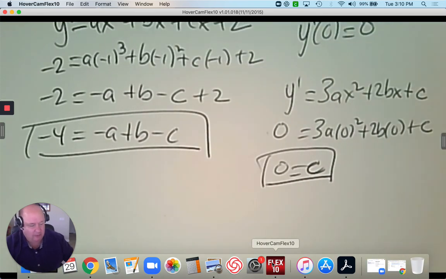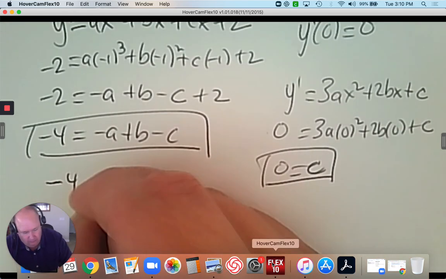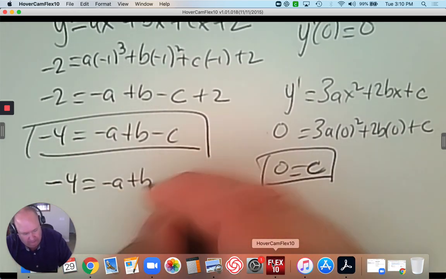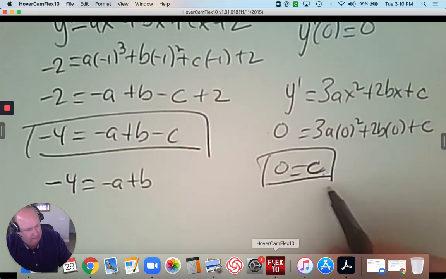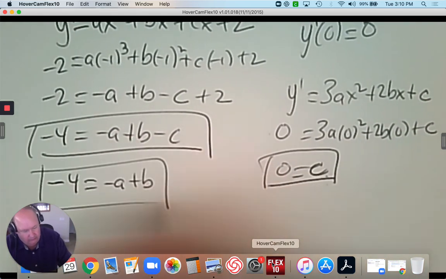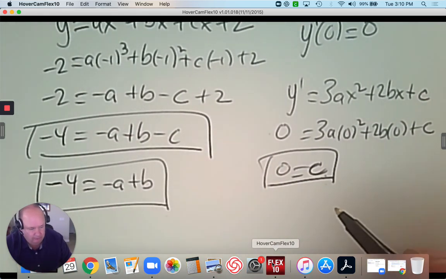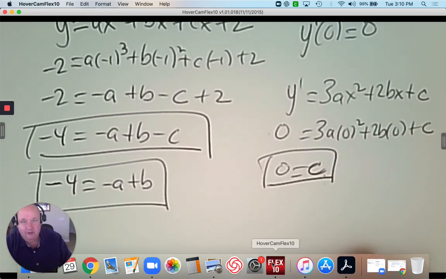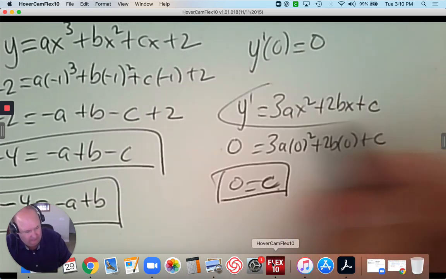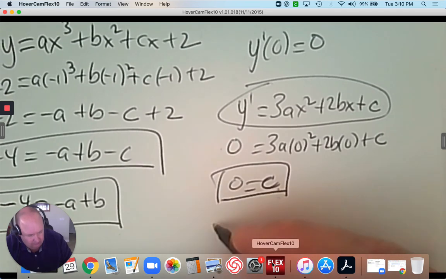Now the next derivative after that. So now I already have two things down. So right now I know -4 is equal to -a plus b, because that c is 0. So now I reduce this down. I have two more variables. I need to take the derivative of this to get the second derivative.